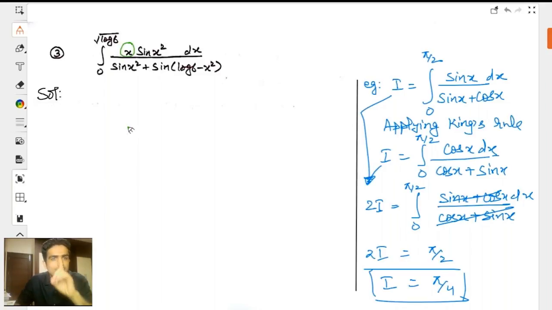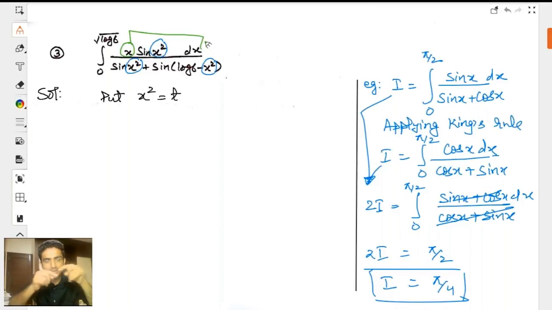But one thing which I must observe before doing anything is x square, x square, x square. Guys, if you have done indefinite integration, then the obvious first step that should come to mind is put x square equal to t, because its derivative is with dx.